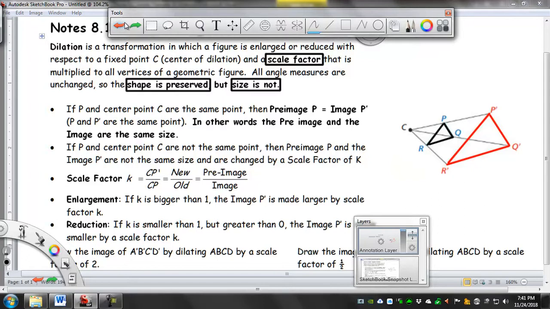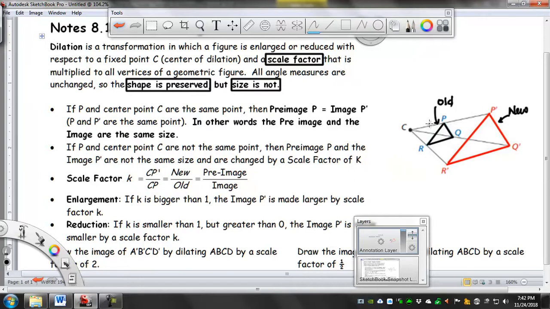Let me erase this. So one thing you may want to note here is to make sure you have this diagram drawn on your paper. So if P and center point C are not the same point, then the pre-image P, this is the old one right here, and the image P prime, this is the new, will be given by the scale factor of C prime.